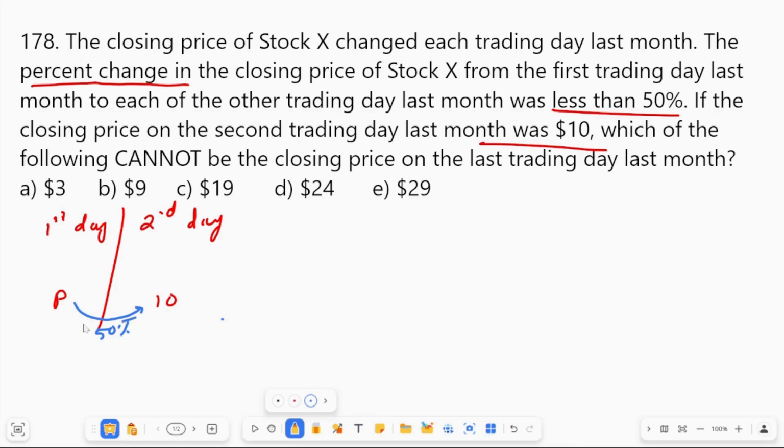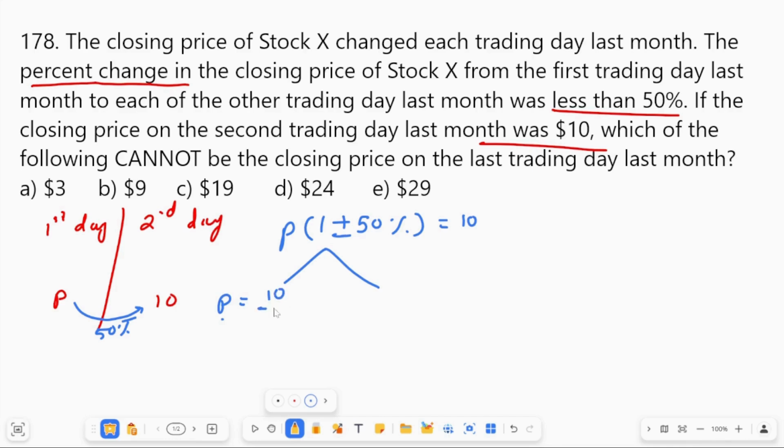Okay, so the relation between P and 10, I can write it as P into 1 plus or minus 50% is equal to 10. So the change in P is going to happen by anything up to 50%. Less than 50% they have said, but still we are going to take the extreme possibility to find out the price for the last trading day. So from here we are going to get two possibilities.